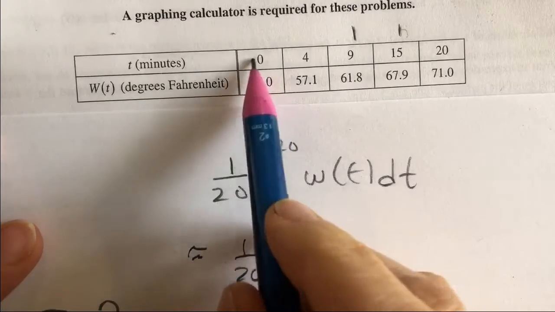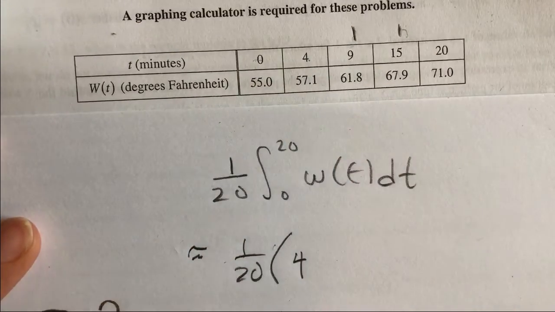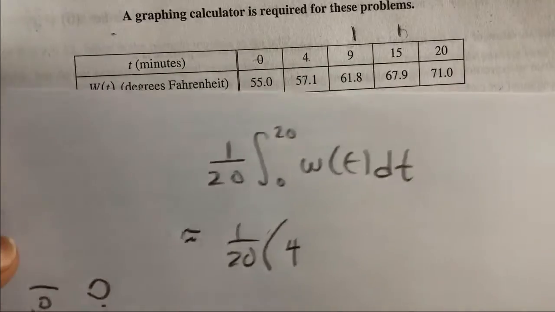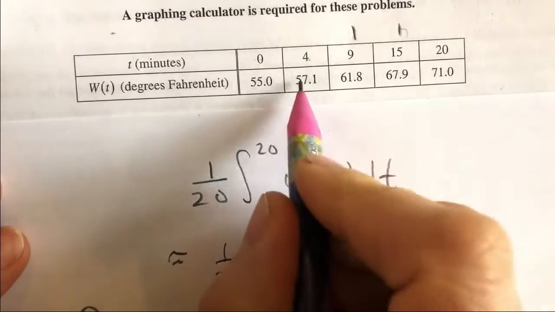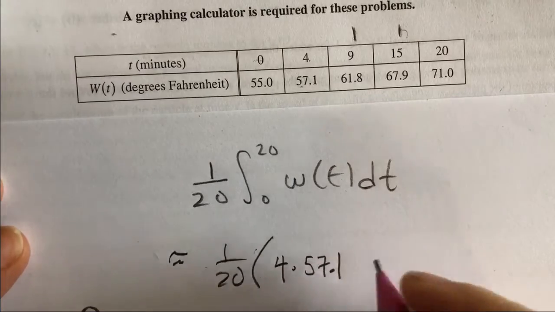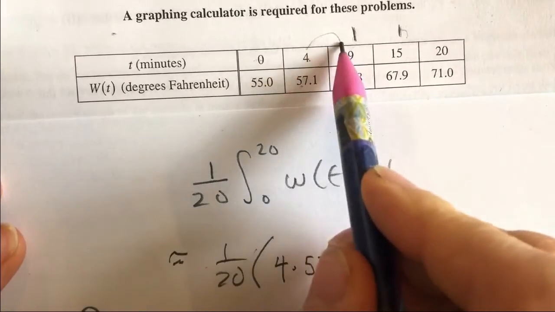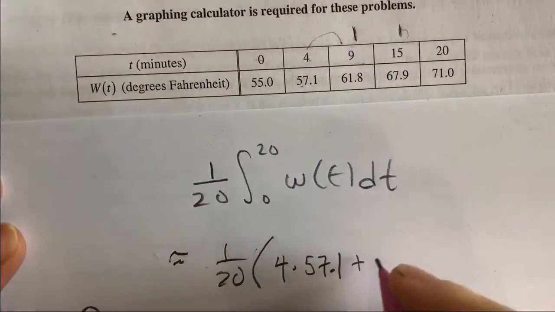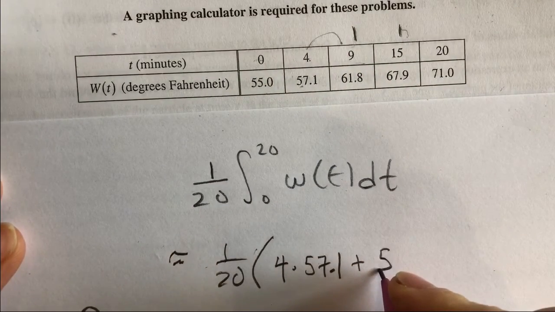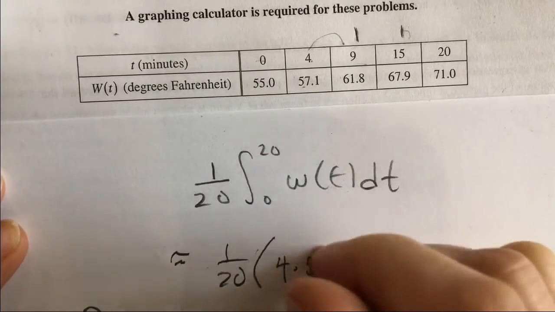So for the first rectangle, see how the t's go from 0 to 4? The width is 4, and it said left Riemann sum, I believe. Yep. So for the height, we'll use the 57.1. Plus the area of the next rectangle, the times go from 4 to 9. So that would be 5. Oh, wait a minute. I said left, and then I put down the right.